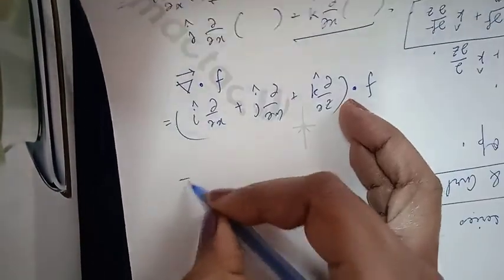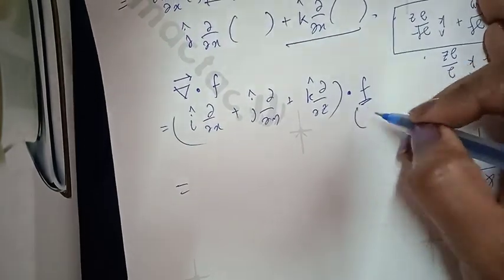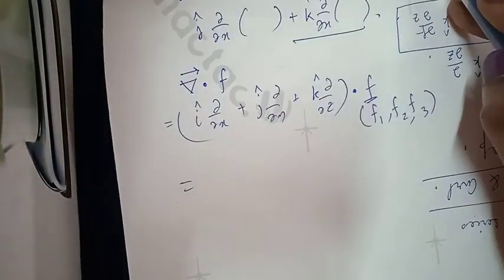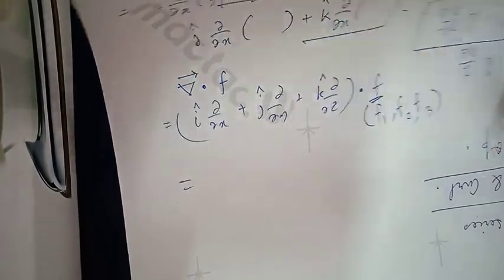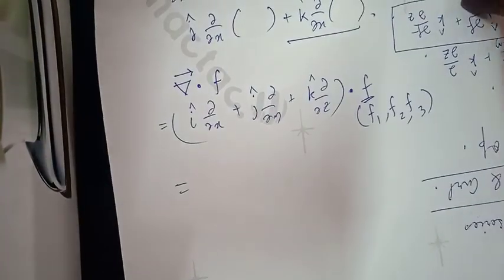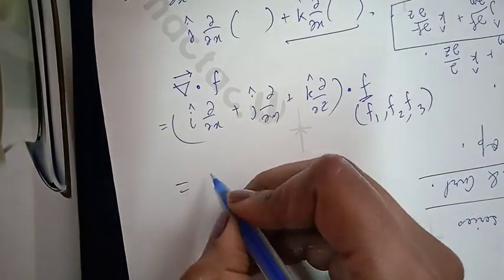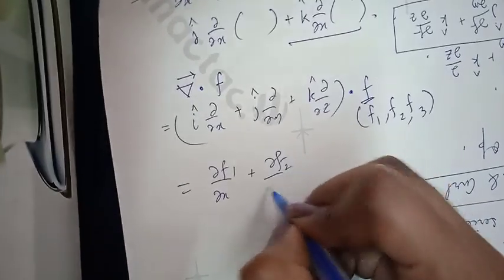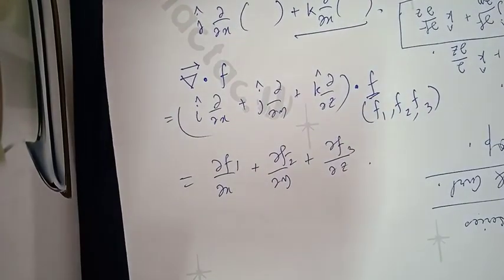Now this f must have three components, say f1, f2, f3. Then how to find their dot product? Product of i's component plus product of j's component plus product of k's component. So that will become del f1/del x plus del f2/del y plus del f3/del z, right?